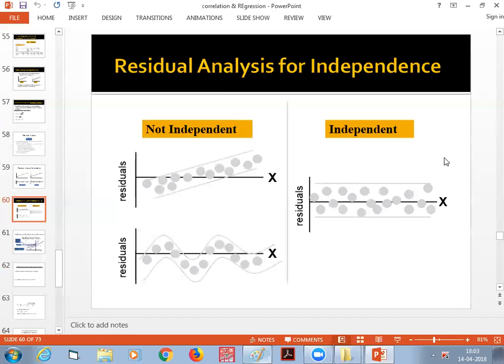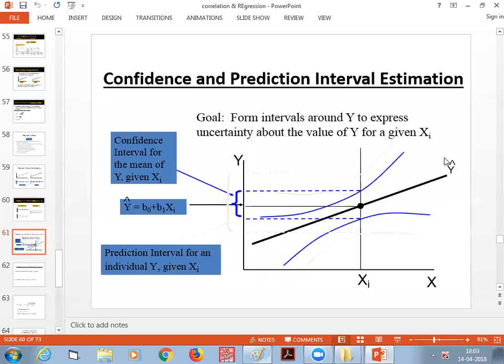It means residuals e1, e2, e3 are not independent. So there is some kind of relationship, that means some pattern is there. When some pattern among the residuals is there, they are not independent. But here it is not like that. So that is the case: a straight line with points falling above or below is an indication of independence among the residuals. That is the standardized data I am talking about.